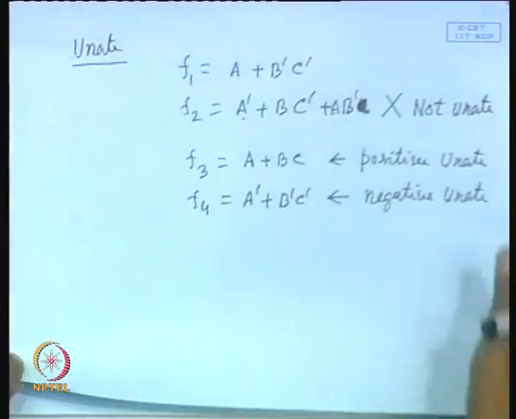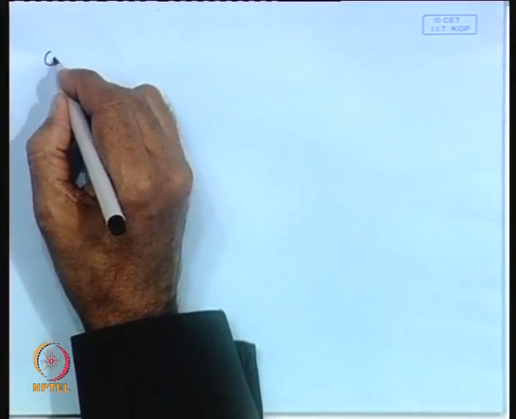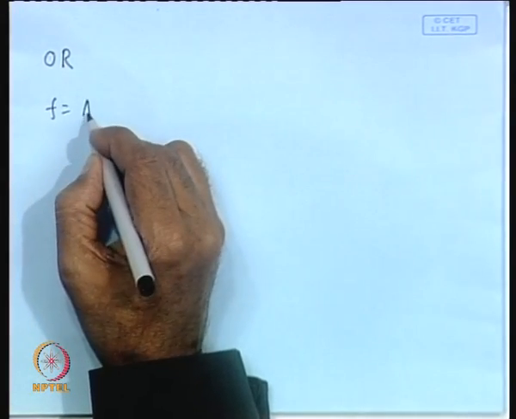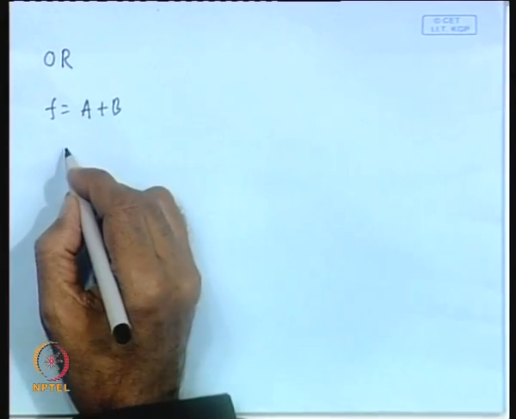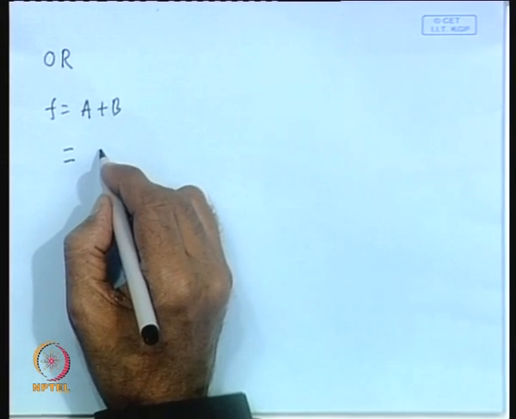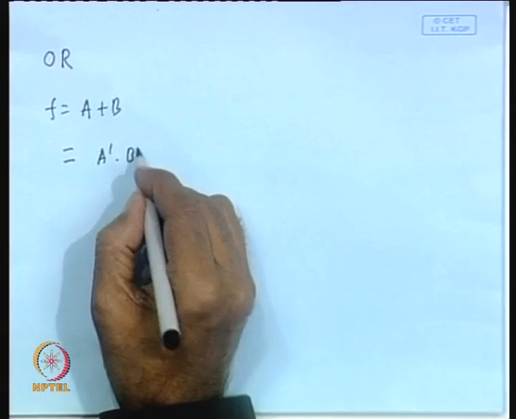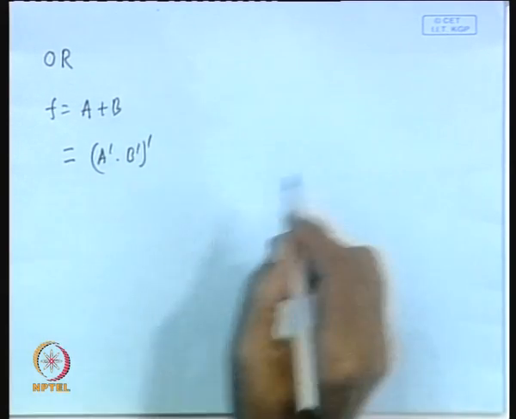Now, let us consider the realization of OR gate. In a similar way, the OR function f is equal to a or b can be represented as a bar and b bar, the whole complemented.